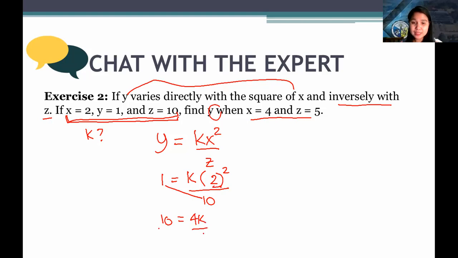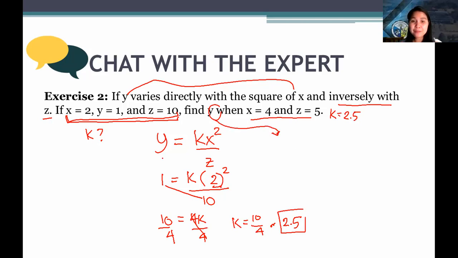We divide both sides by 4. So we have k equals 10 over 4, or that is 2.5, or 2 and 1/2. Now, we already have our k, right? k is 2.5. Let's solve for y.